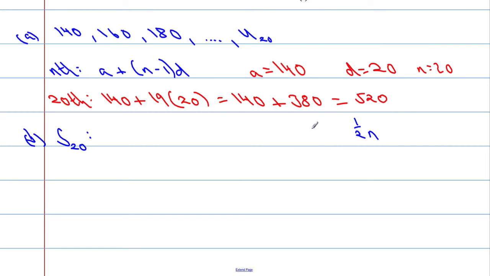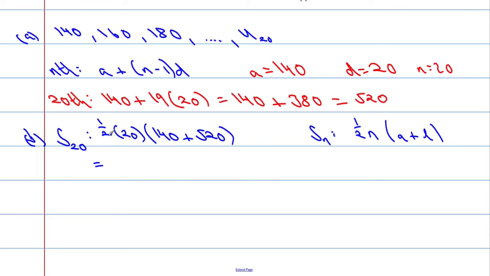So S of n equals n over 2 times A plus L, where A is the first term and L is the last term. So I'm going to do a half times 20 times A, which is the first term, 140, plus L, which is the last term, which we've calculated to be 520.